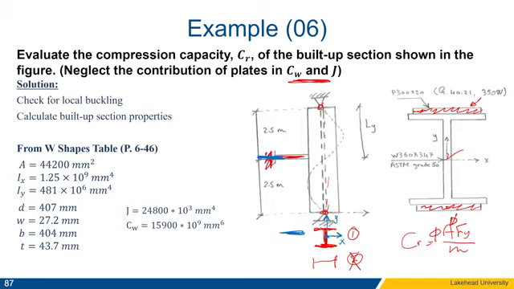And we already explained that whenever the beams are oriented with the direction x, then they are limiting the buckling length in the y direction. So in that case, Ly will be equal to 2.5 meters, while Lx will be the buckling with the full length of 5 meters. Okay?